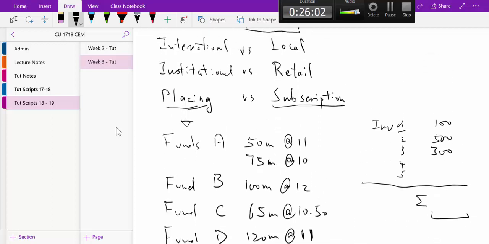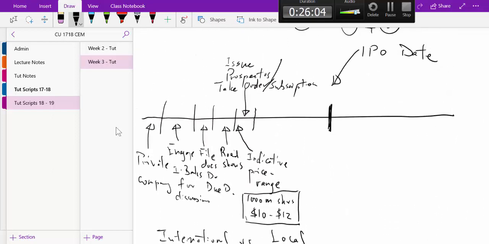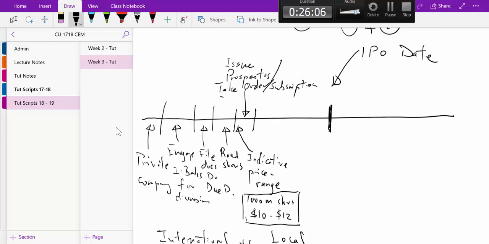So I'm still talking about this part. About one week, I think it's 1 week, so minus 7 days before the IPO, is when the subscription will start.